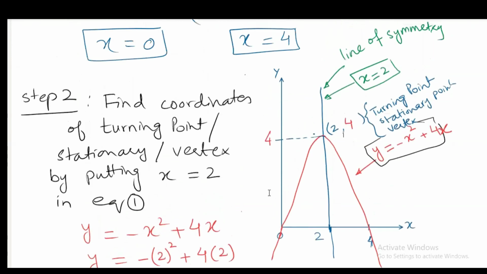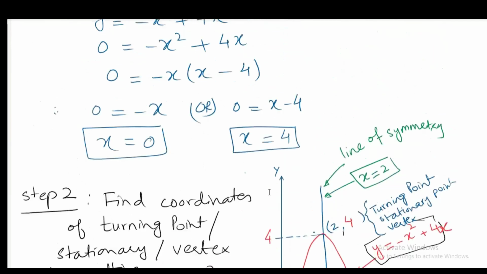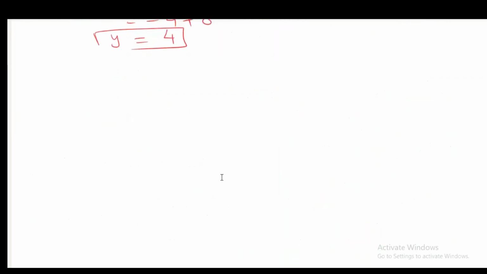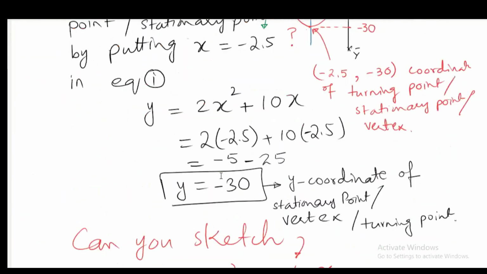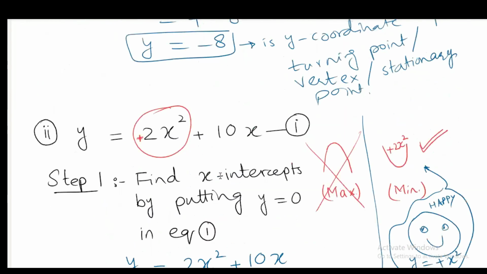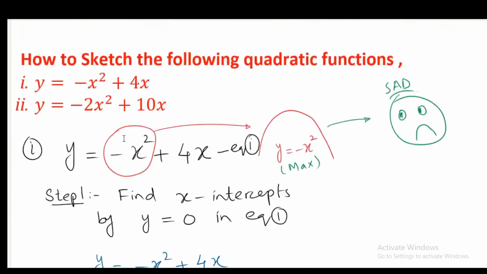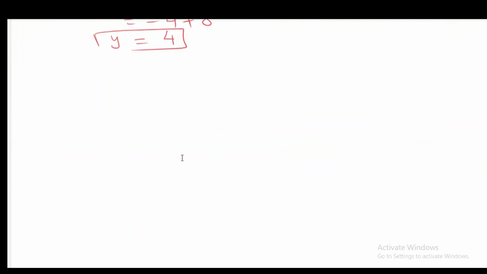So let's take another part. This is y equals minus 2x squared plus 10x. It is also a maximum value function. So the second part is y equals minus 2x squared plus 10x.